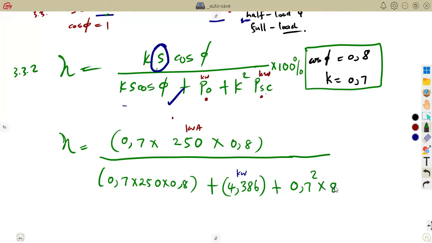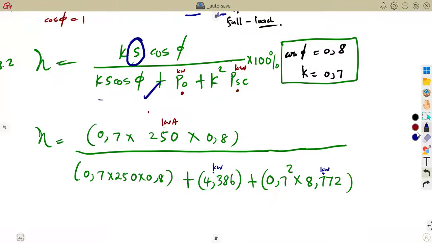Remember, it was 8.772 in kilowatts also. So it must be in kilo. If you choose to use the kilo in the first place, maintain that throughout. As a percentage, multiply by 100%.